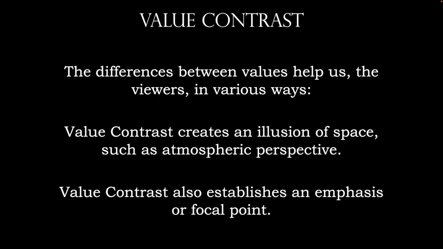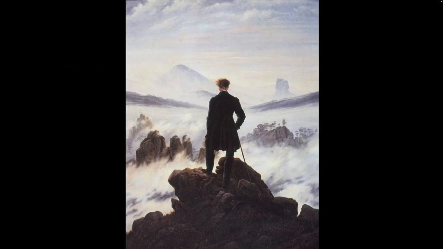In Wanderer above the Sea of Mist, in the foreground, we can see the dark rock outcroppings next to the very white clouds. Our eyes bring that forward, whereas when we look to the distance, it's tough to say whether this is a mountain, a cloud, part of the sky.